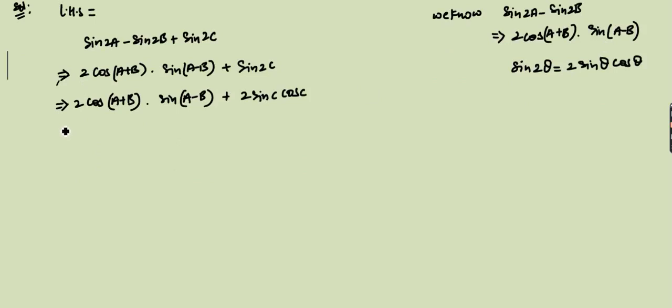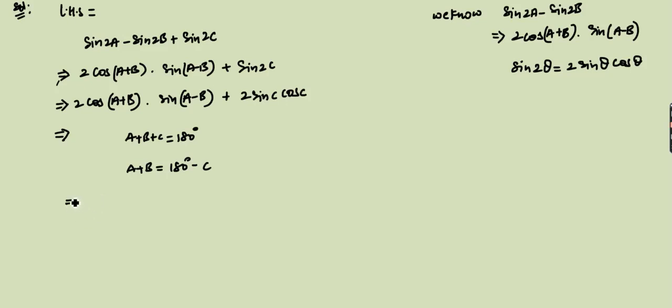So in the question they gave ABC as a triangle. So we know the sum of angles in a triangle is equal to 180 degrees. A plus B plus C is equal to 180 degrees. So I can write it as A plus B is equal to 180 minus C, because plus C when it comes to this side will become minus C. So let's substitute this in the above one.